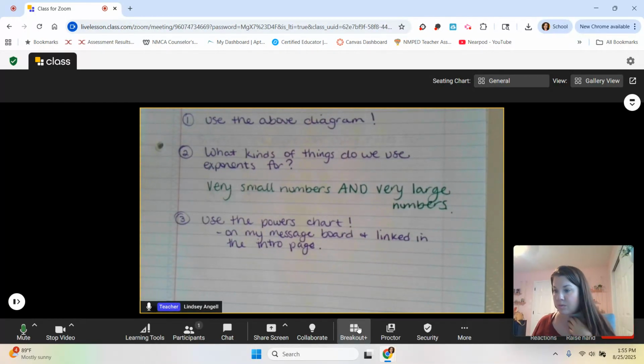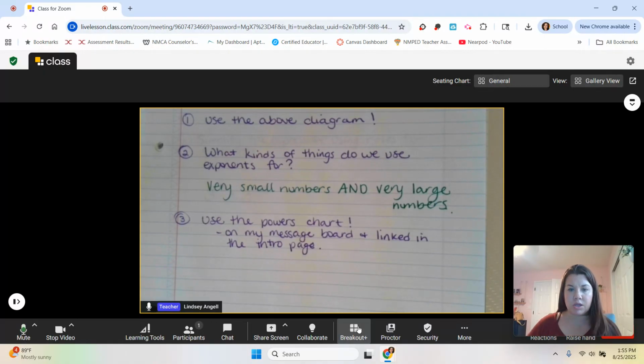So it's an easier way for us to write down those values, because sometimes numbers can be so small they go way past the decimal point, or sometimes there are so many place values, the number is so big that it's too hard for us to write all of those zeros or all of those place values on one sheet of paper, okay? So we use the exponents to help us.